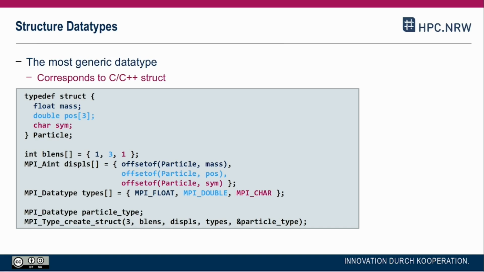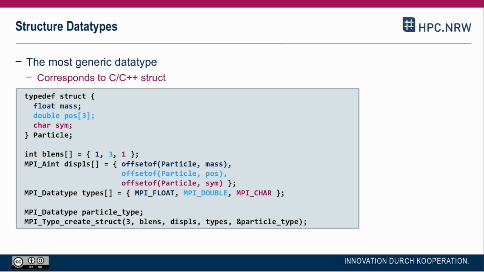So the block lengths would be 1 float, 3 doubles, and a char: 1, 3, and 1. This dark bluish thing corresponds to this, but it's not so easy to read. The contrast is not high enough there.